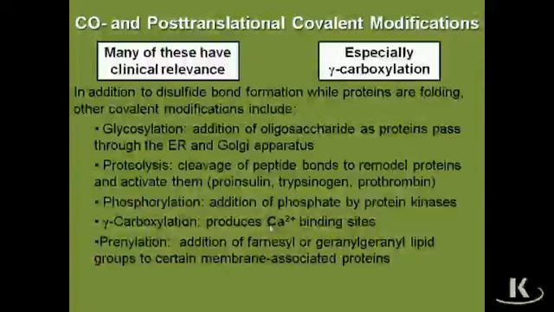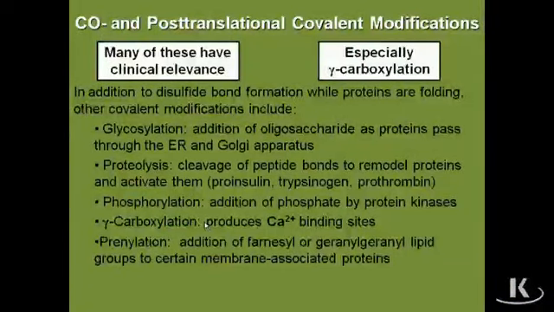Because calcium is a divalent cation, there needs to be 2 negative charges for calcium to associate once it gets out into the clotting area in the periphery. So, in order to get the 2 negative charges so that calcium can associate later on, there has to be an additional carboxylic acid group added, and that's the job of gamma carboxylation.